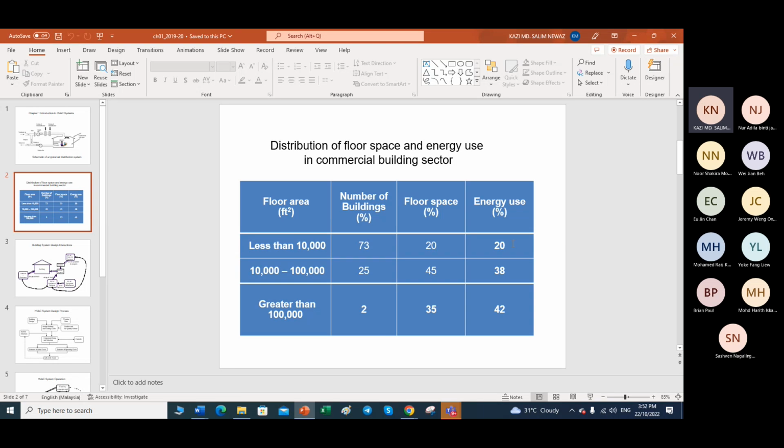That is why we look at this table on the distribution of floor space and energy used in the commercial building sector.